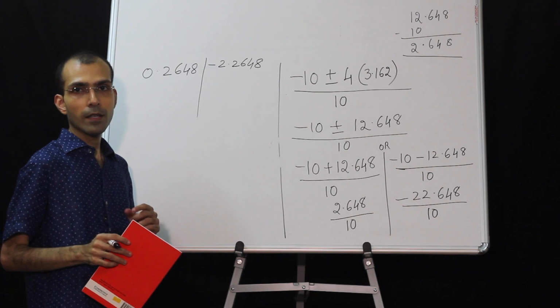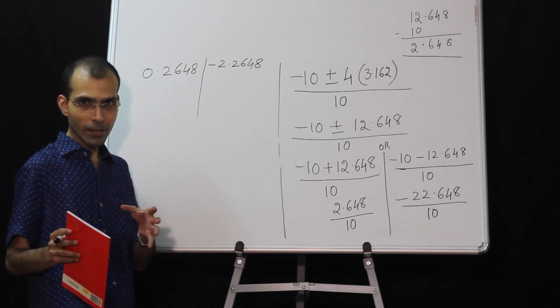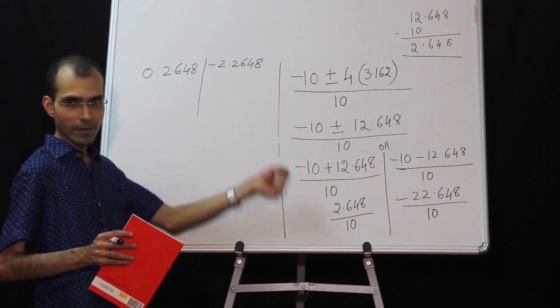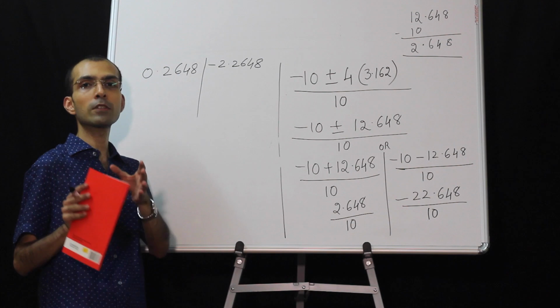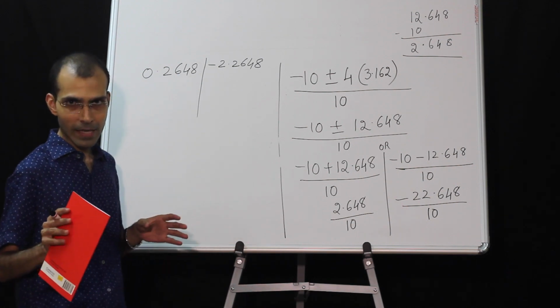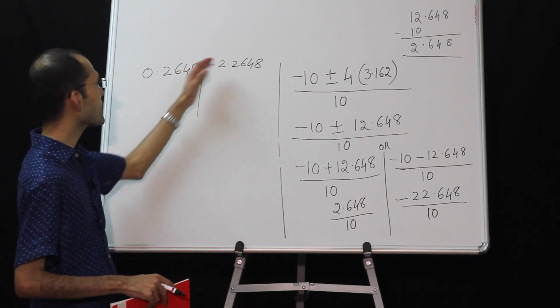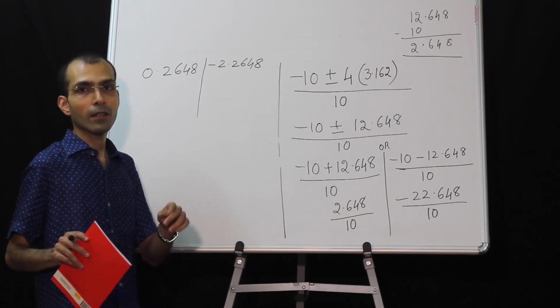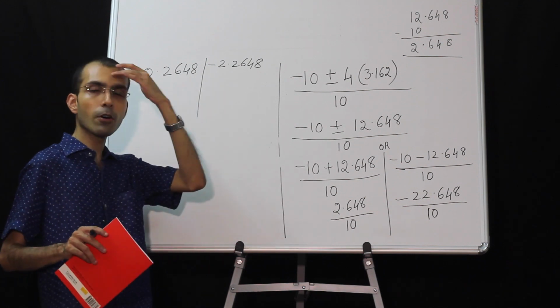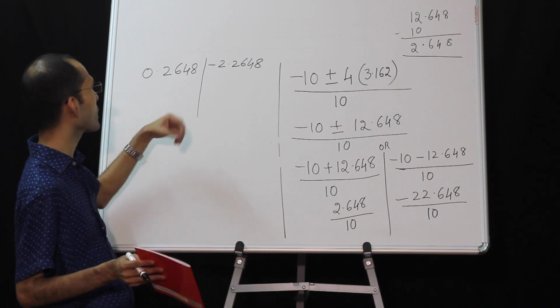Remember, if the degree of accuracy is not specified for quadratic equation sums, then it is necessary for you to go up to 3 decimal places and then round it off correct to 2. Both the steps have to be shown one below the other to get the last 1 mark. You cannot take it in rough work column or in your mind up to 3 decimal places and then round and put the final answer.